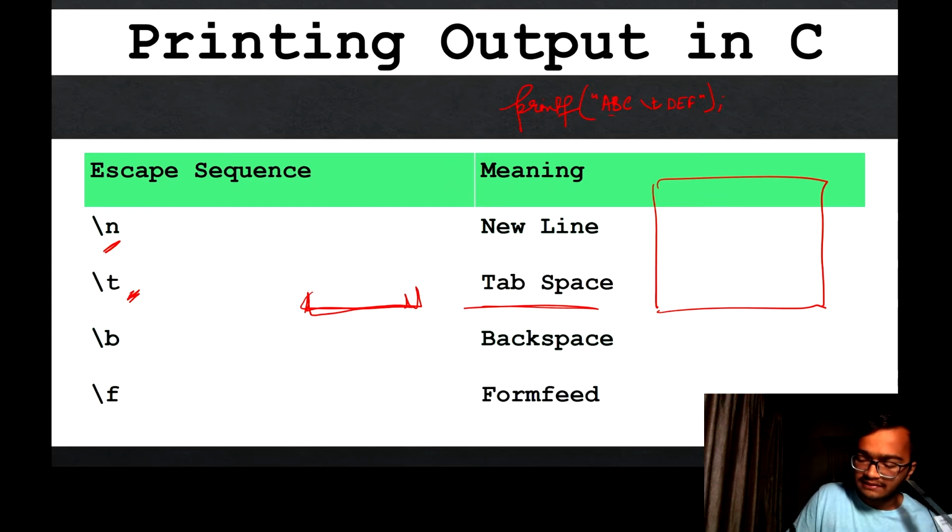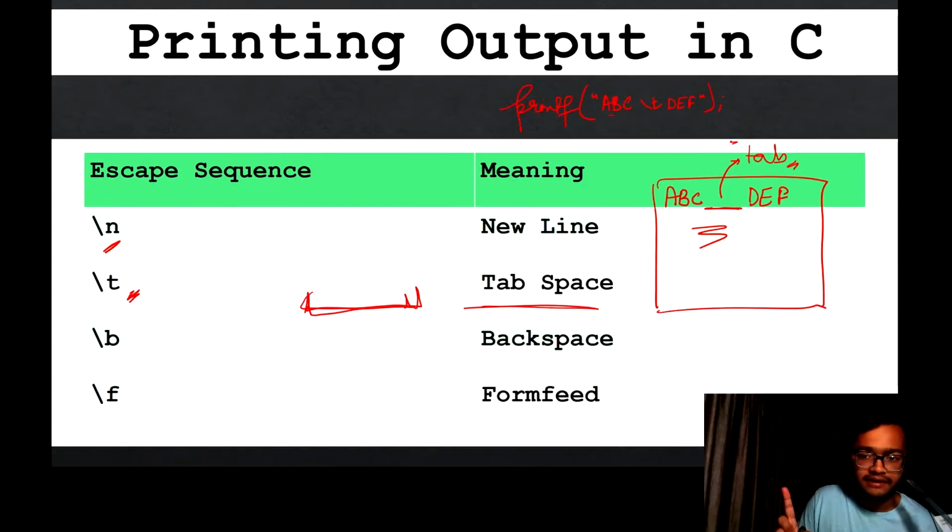The compiler finds ABC and prints ABC. The compiler finds backslash t, which means some amount of space is left by the cursor, as after pressing the tab, and then DEF is printed. Backslash t is not printed, but the tab corresponding to backslash t is executed.